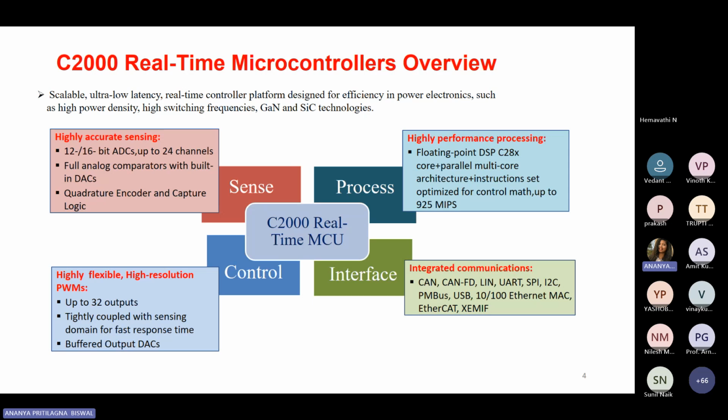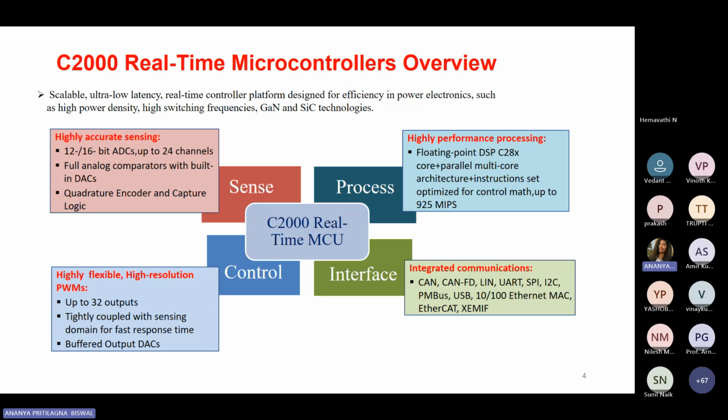It has four functions: sensing, controlling, processing, and interfacing. For sensing, it gives us very high accuracy as compared to other controllers.